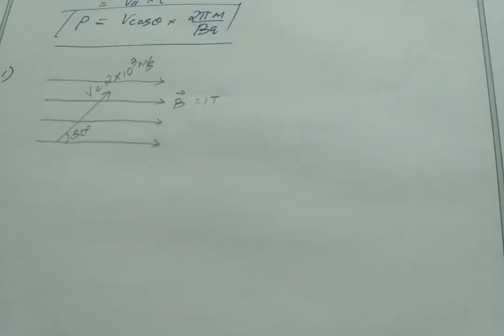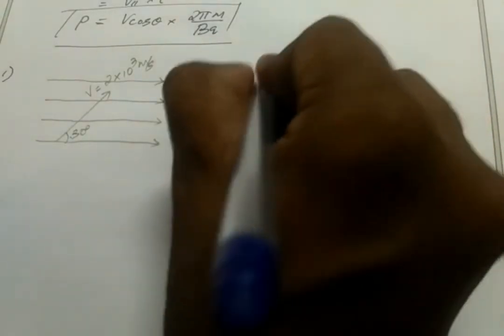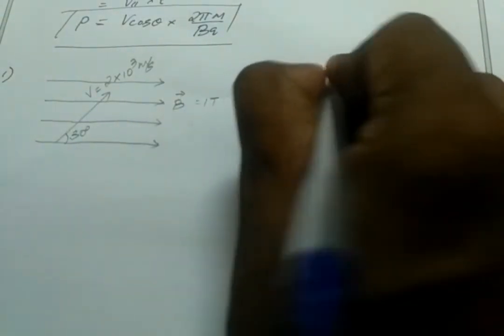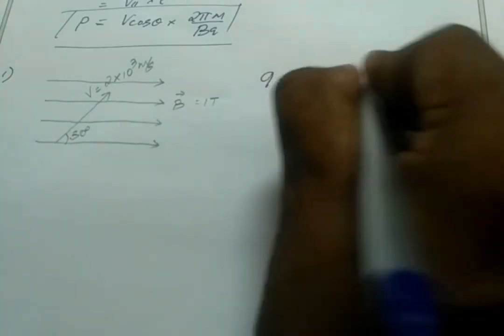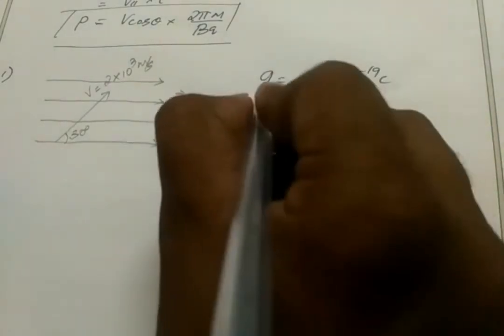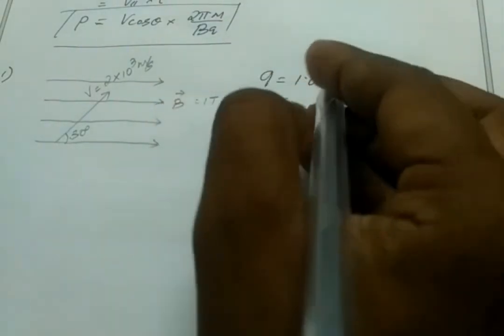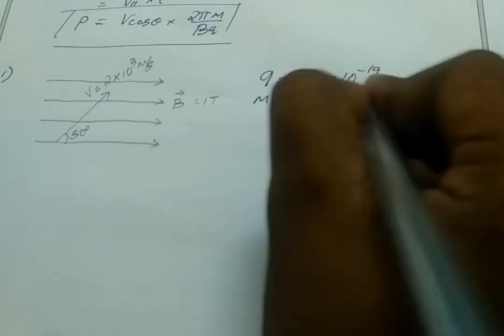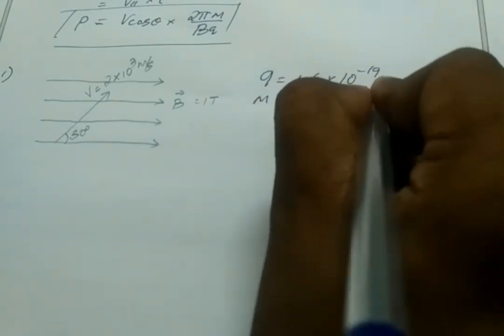We have to find the radius, time period and pitch value. It is given that the charge is 1.6 into 10 power minus 19 coulomb, and the mass is 9.1 into 10 power minus 31 kilogram.